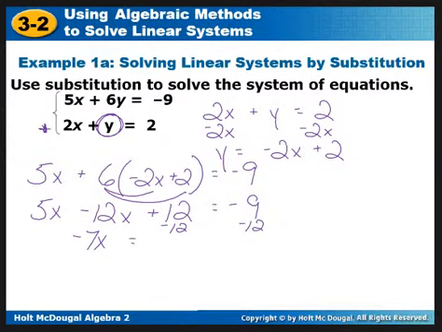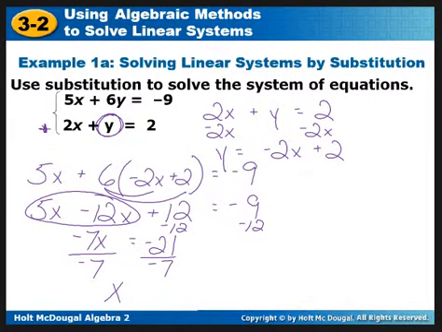So negative 7x is going to equal negative 21. Which is probably a good thing, because when we divide by negative 7, x is going to equal positive 3.